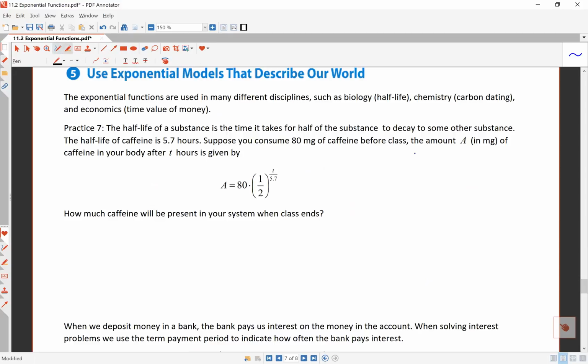So if I take some kind of substance, the half-life is the time it takes for half of that substance to remain. Another half-life goes by, and now you have half of what you had before, or now 1/4. 1/2 goes away, 1/2 of a half is a quarter.